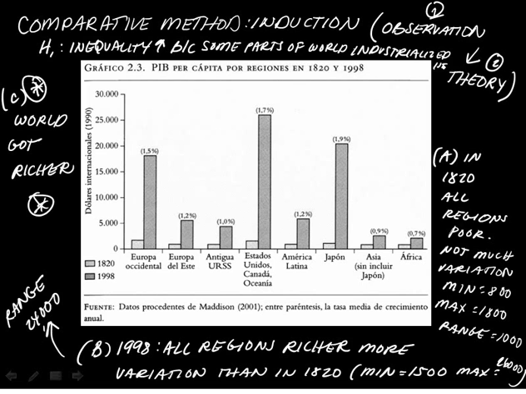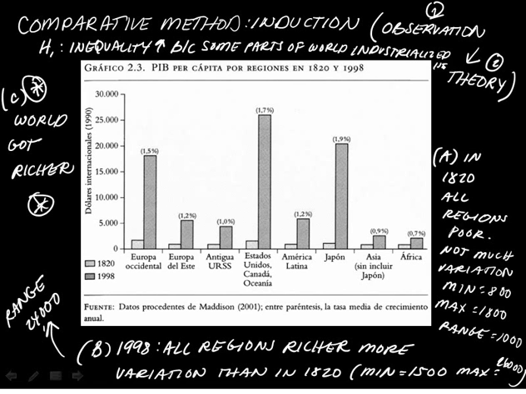Now, step 3 would be using data that already exists in order to test whether or not my intuition about industrialization is correct. And as I said at the start of the video, we're going to spend half a class period on observing, measuring, quantifying, and testing this hypothesis using an article from The Economist.